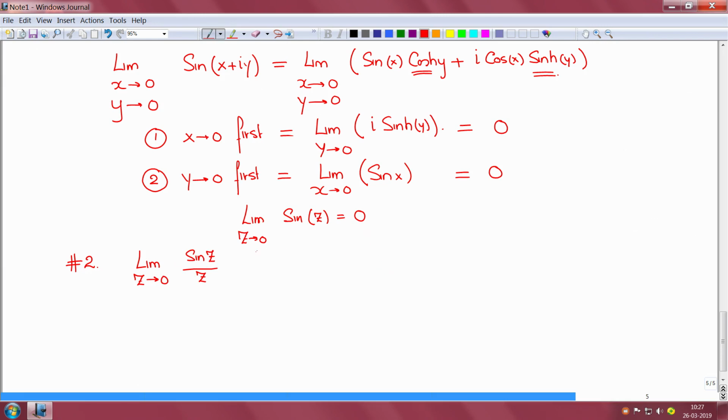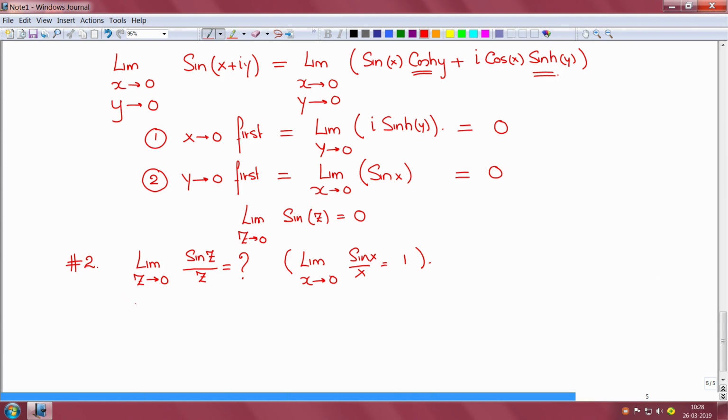We do know that limit x tending to 0 of sin x over x is equal to 1. This is not singular at x equal to 0. So we want to ask what is this. Okay. So let us open this out.